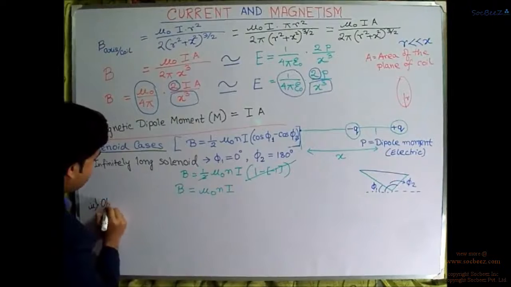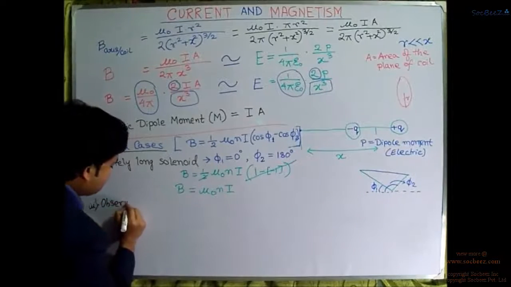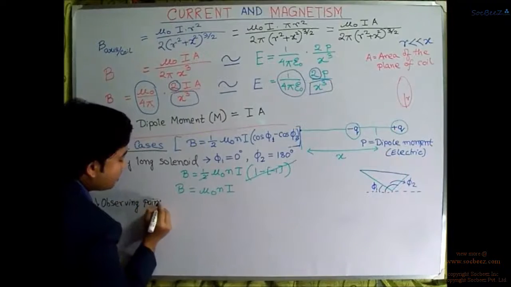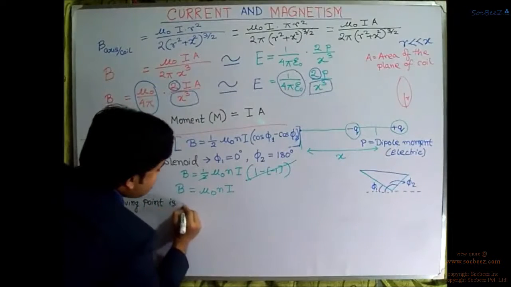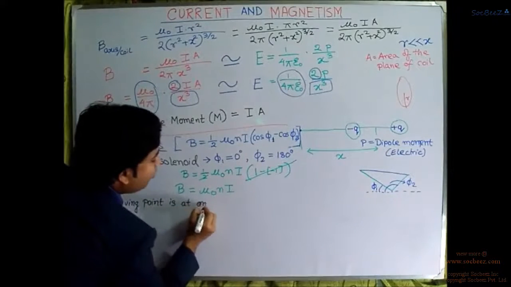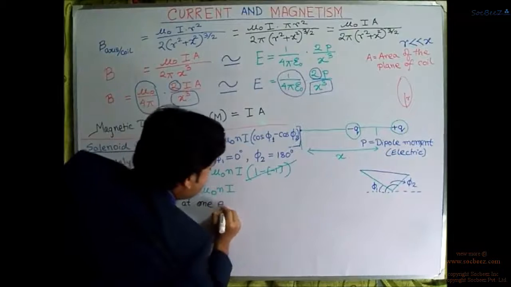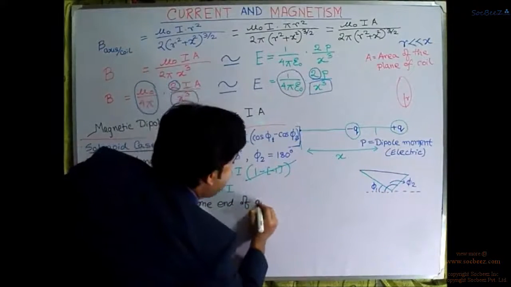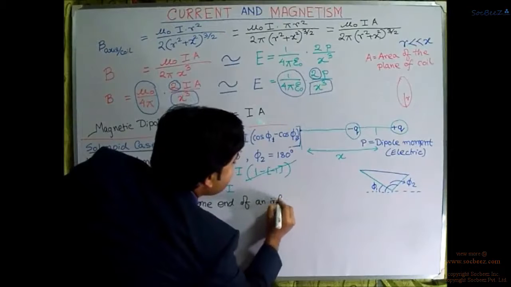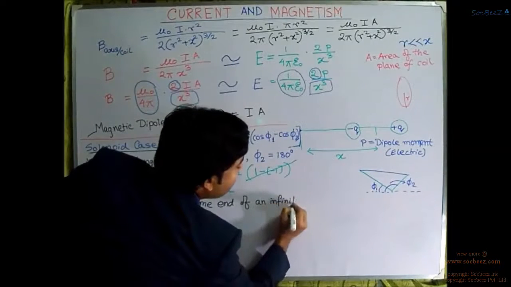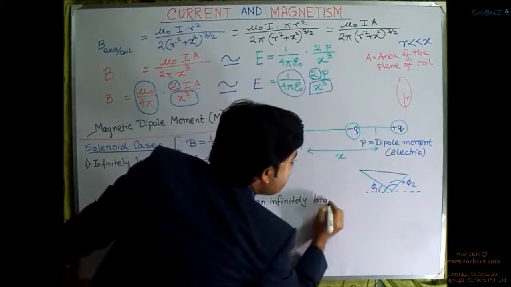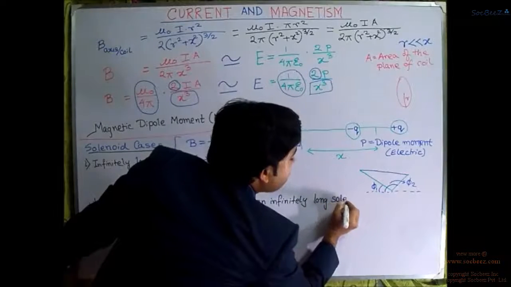Now let us check the second case, where the observing point is at one end of an infinitely long solenoid.